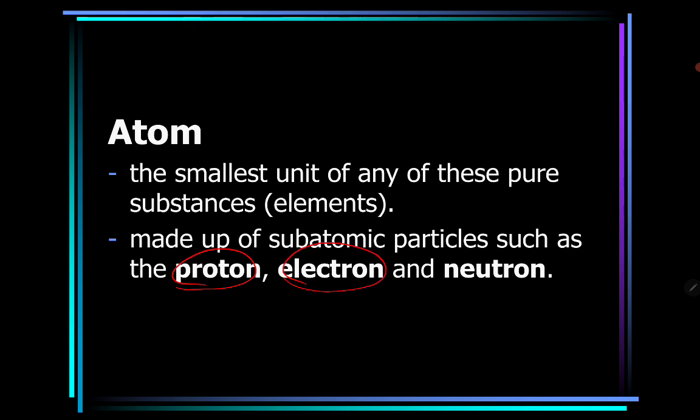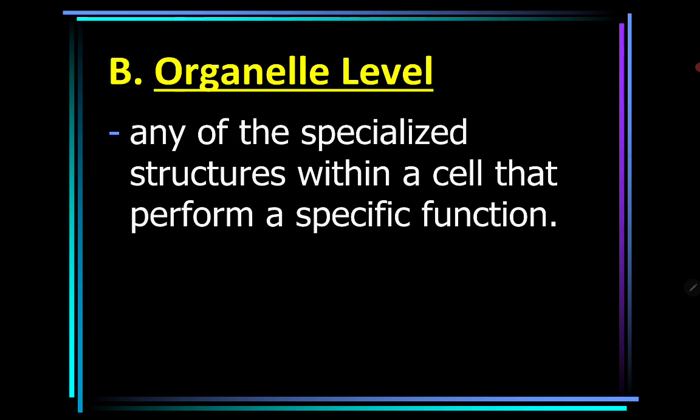And electrons are the negatively charged particles of atoms. Together, all the electrons of an atom create a negative charge that balances the positive charge of the protons in the atomic nucleus. And of course, we have the neutron. It is a subatomic particle found in the nucleus of every atom except that of simple hydrogen.